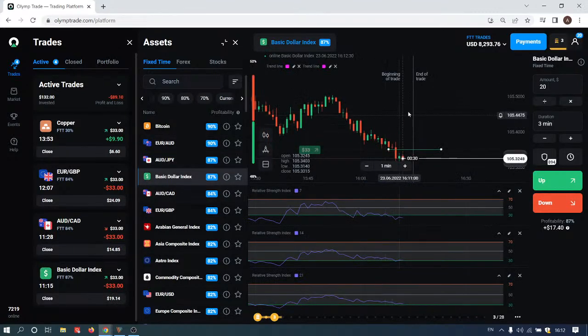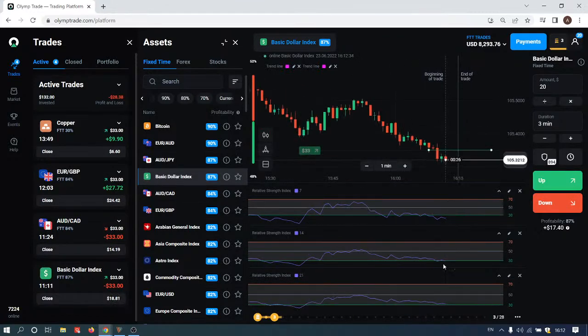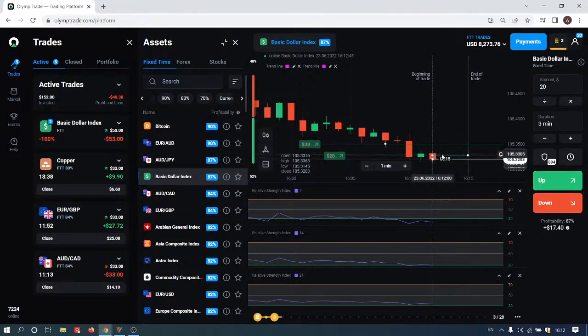once again all the assets. All right, so basic dollar index, yes, we are oversold here on the fast one, the standard one. So let's go ahead and try opening this counter trend trade in the upwards direction on basic dollar index.